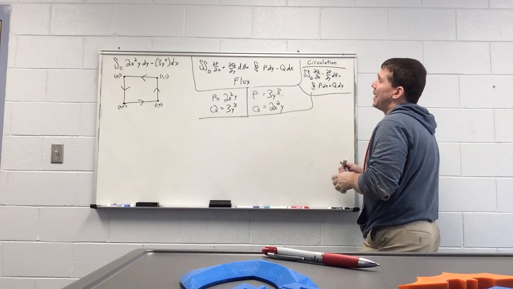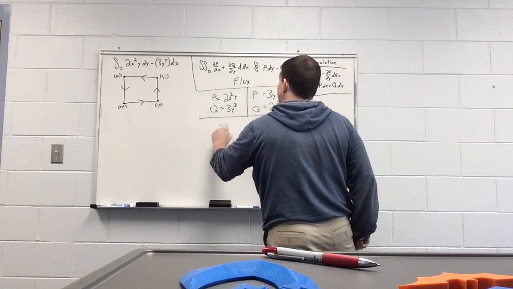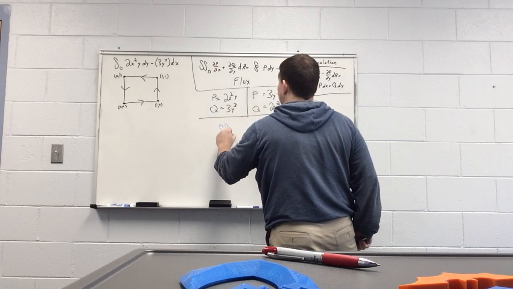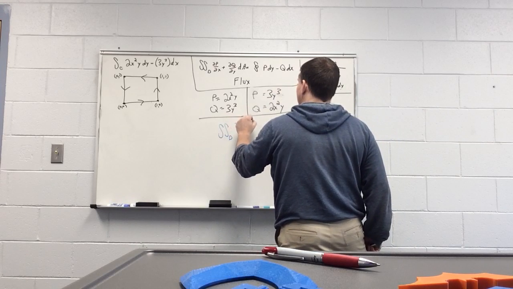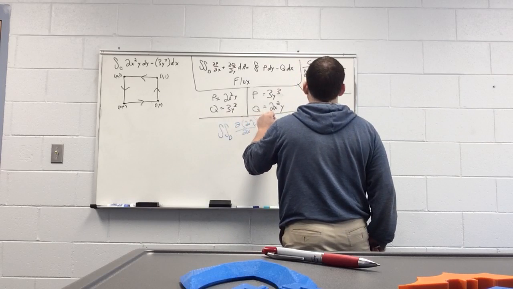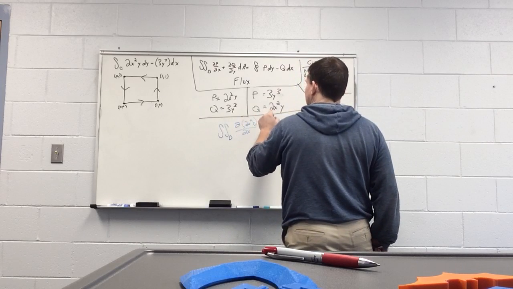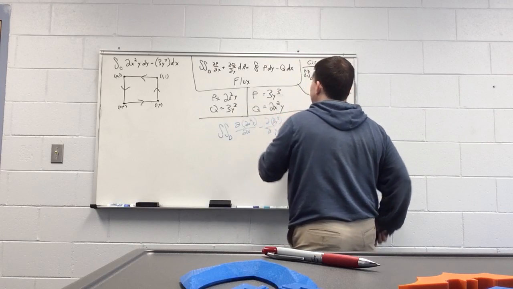Now, I'm not going to bother to solve this all out, but just to write it out, I would get the integral over D of the partial of q, which is 2x squared y, with respect to x, minus the partial of p, which is 3y cubed, with respect to y, dA.